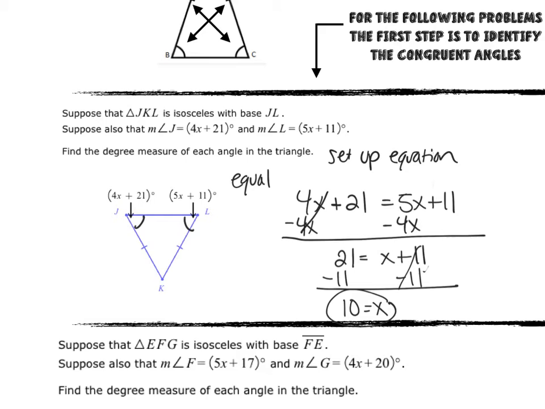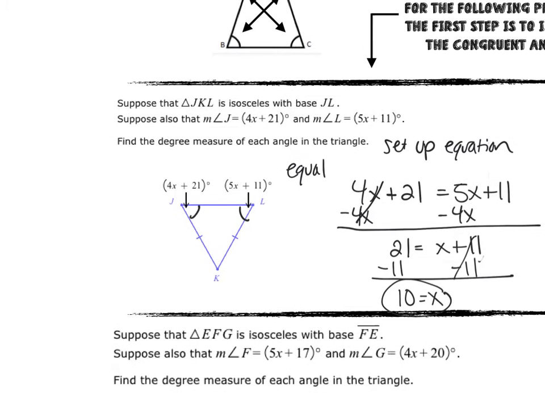So this problem takes a lot of work, because now what I have to do is plug x back in. So if I plug it back into this one, then I've got 4 times 10, which is 40, plus 21, which is 61 degrees. And since they're equal, I also know that this one is 61 degrees.